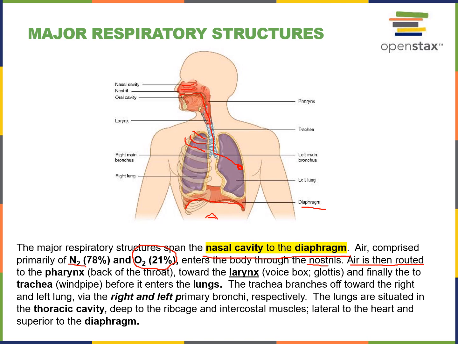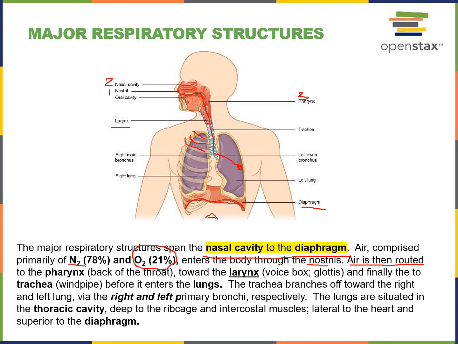Now we could do a pathway of air. We would have the nostril first where it enters, 2 would be the nasal cavity, and then 3 would be the back of the nasal passageway, an area called the pharynx. And do not mix up the pharynx with the larynx. The larynx is the voice box, which is very prominent in males.